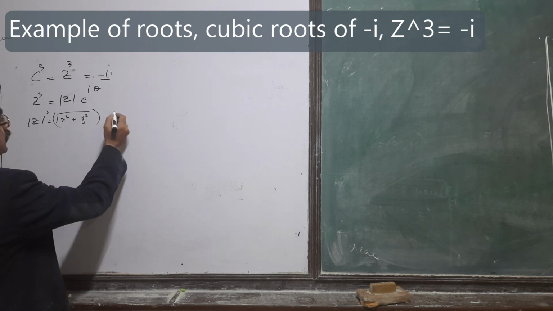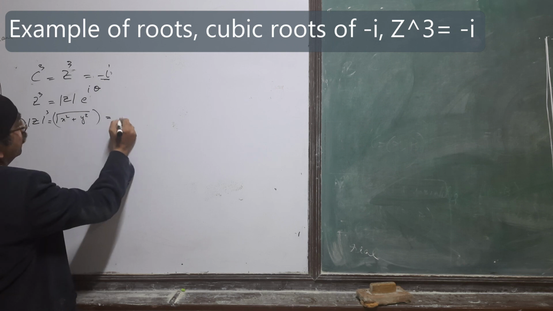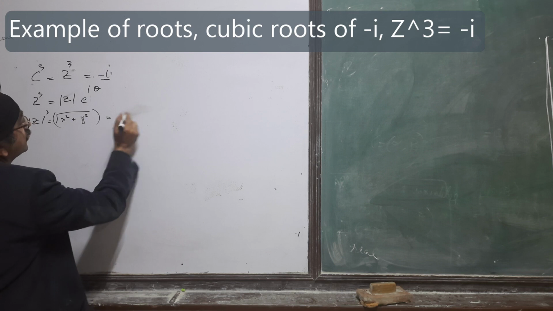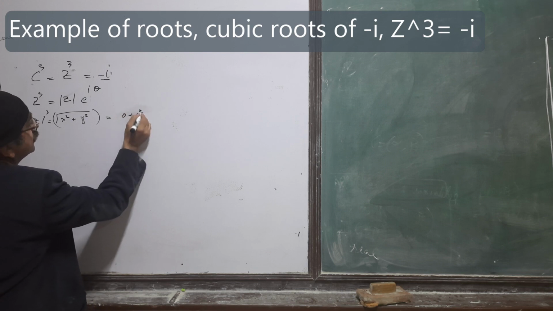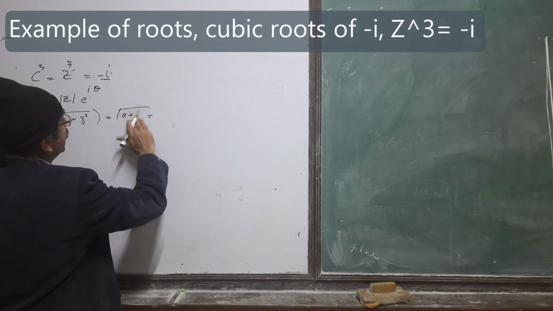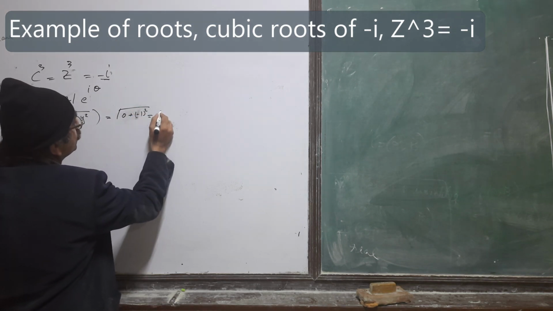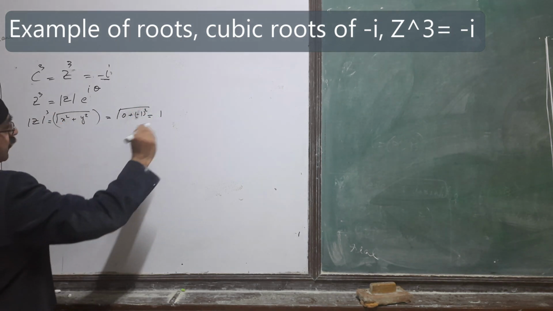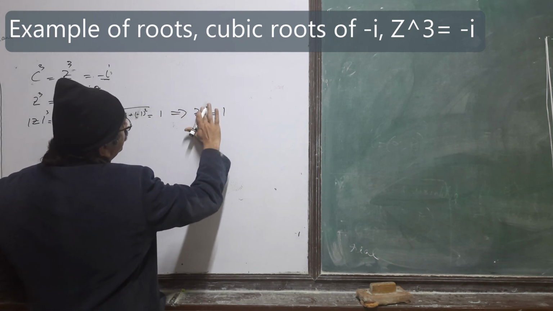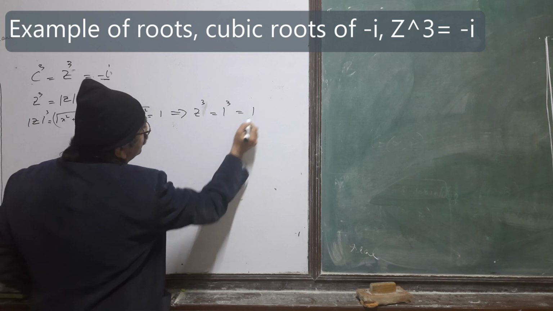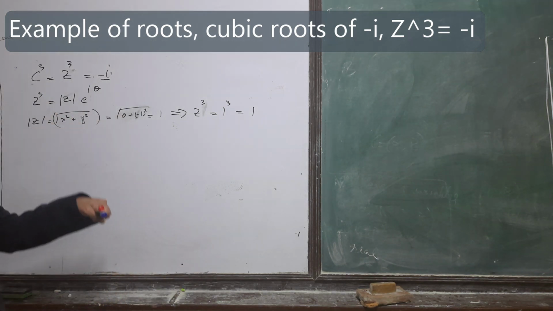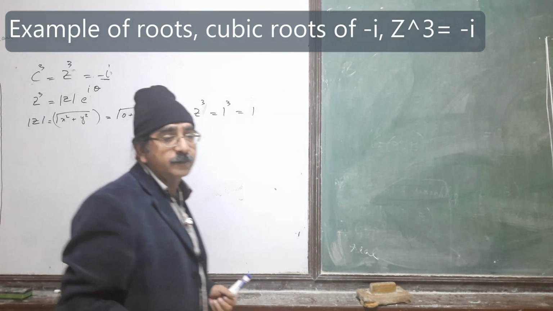That is 1, because 0 square plus 1 square, minus 1 square is equal to, yes, you are right. If you take minus 1 square, that will be a plus, so that will be 1. And whatever power you take, if that magnitude is this, if you take a power, that will be 1.